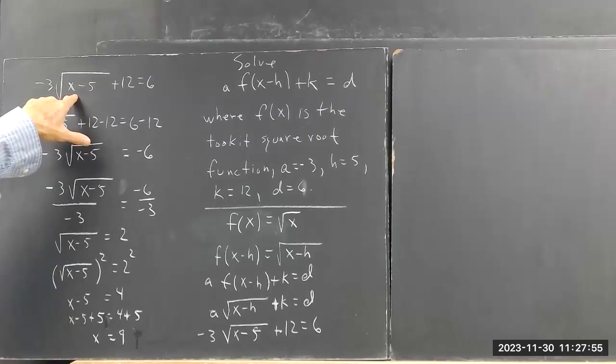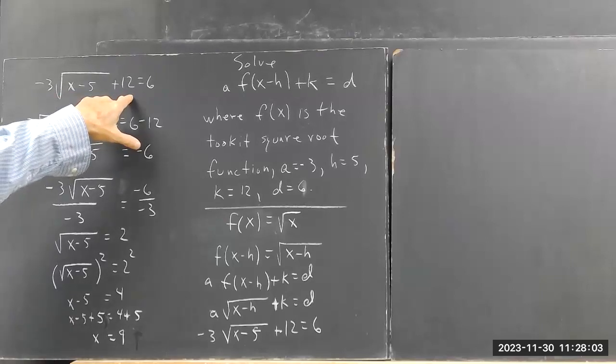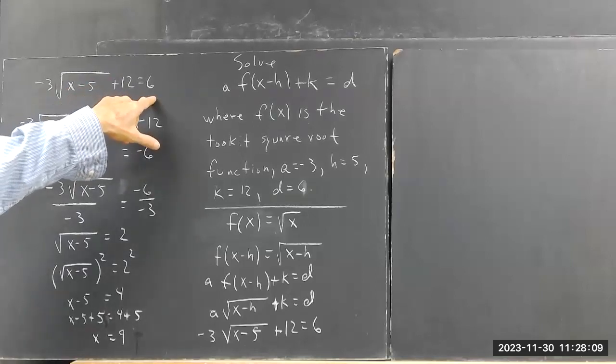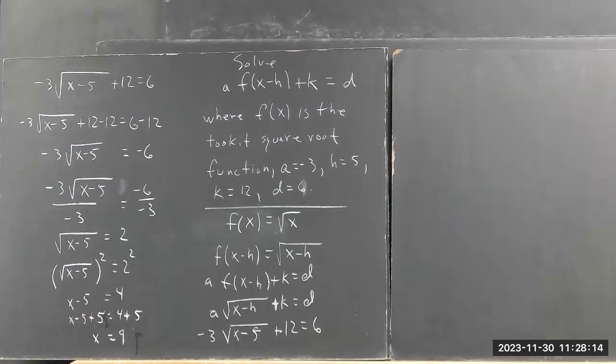Well, this is 2. -3 times 2 is -6. Yeah. Okay. And you add -6 to 12. What do you get? -6 and 12. That's like 12 minus 6 gives you 6, right? Okay. So you can check that one in your head, or you can just scratch it off to the side.